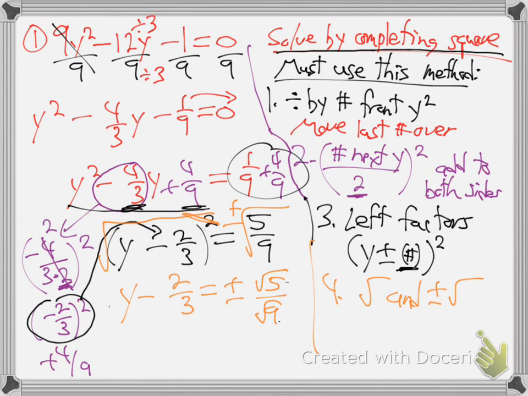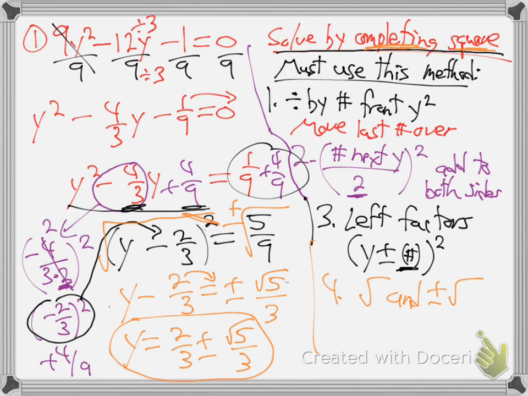You put the square root on the top and the bottom because that square root's over the whole 5/9. And what is the square root of 9? It's 3. Move that over. y equals 2/3 plus or minus the square root of 5, over 3. There's the two answers. That's how you have to do this problem, by completing the square.